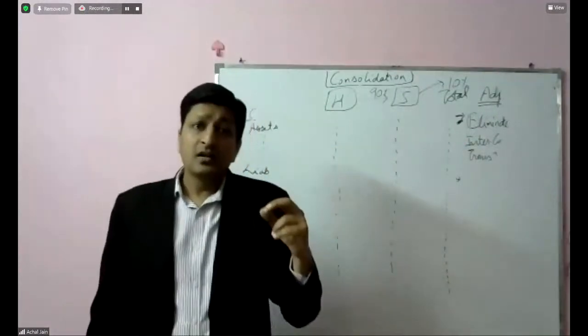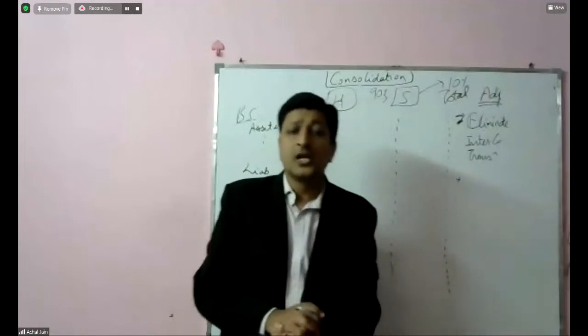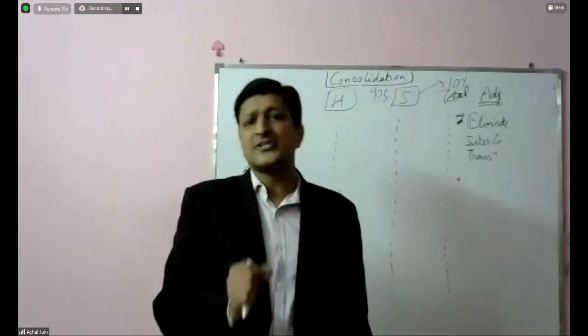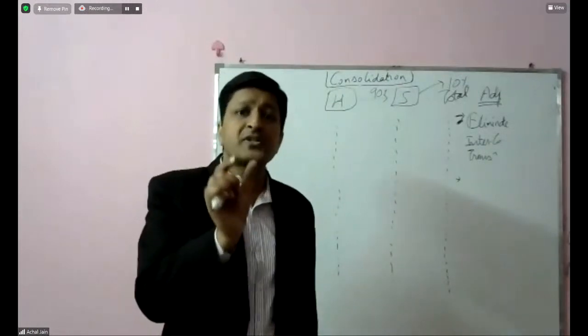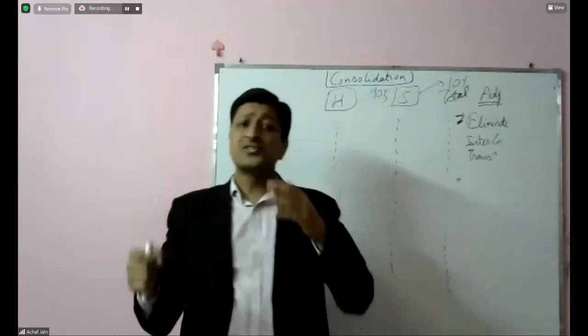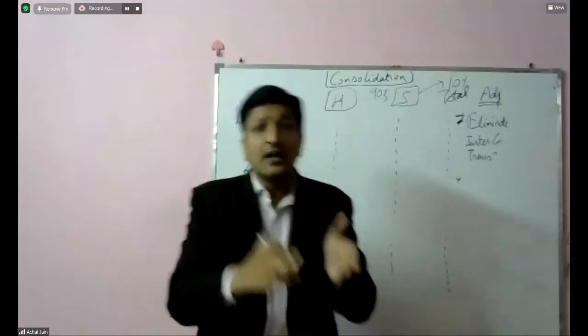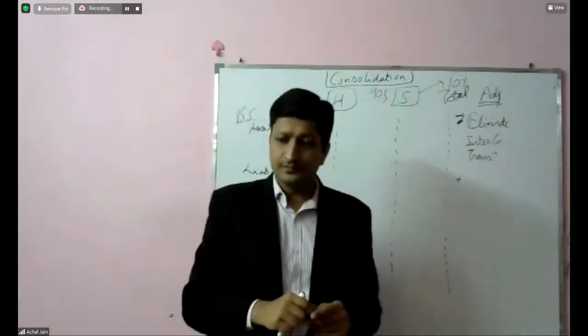But this entire 100% has been picked up by H. So what should H do? In its financial statements, H should show 10% share of the minority which doesn't belong to H, as if it's a liability of H. I'm repeating my point.